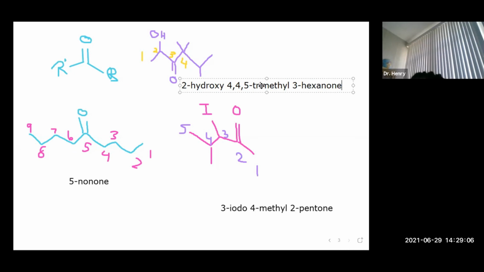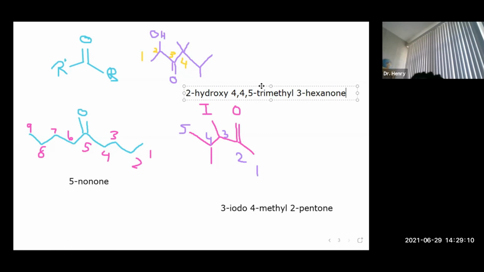Why am I putting a prefix on the suffix? This one? Because alcohol is lower in priority than the ketone. So you guys remember, the suffix is the group that has the most priority.